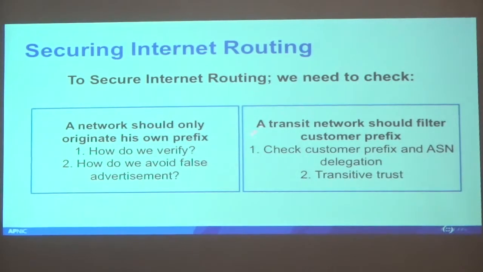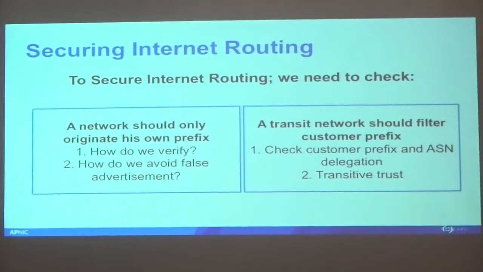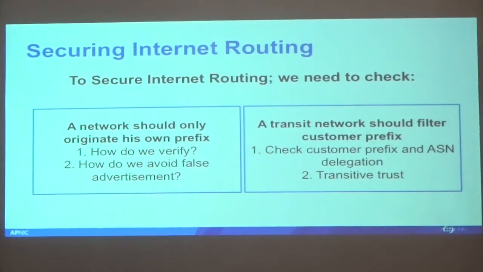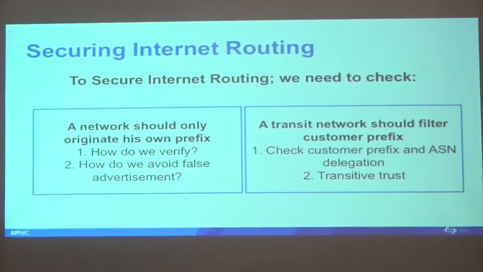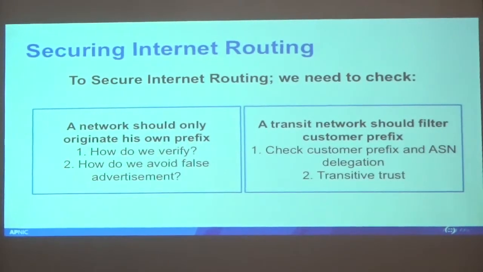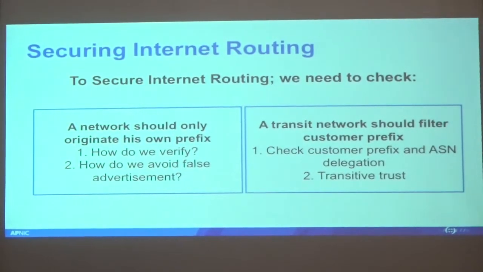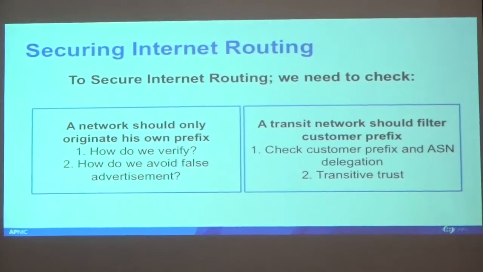Another one: a transit network should filter customer prefixes. Now this first block here is mostly for those who own their IP addresses. This block on the right side is for those transit providers who are allowing customers or end users to pass through their network. So in a way, they are announcing or forwarding the blocks that are announced by these end users.